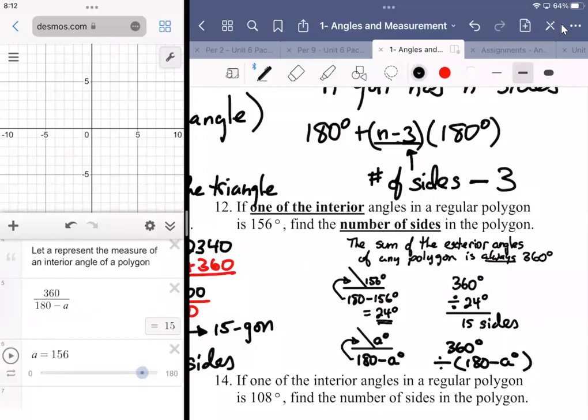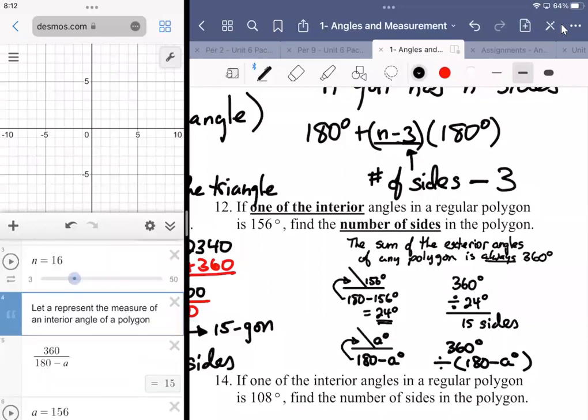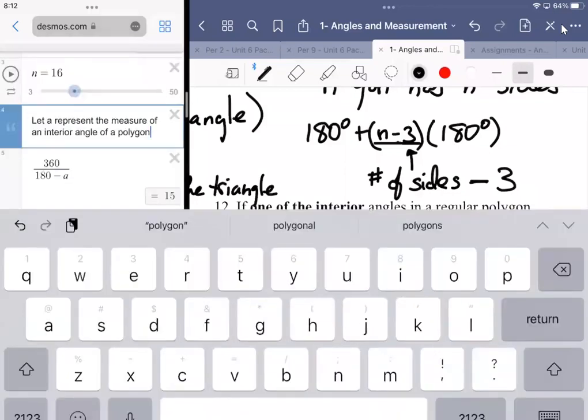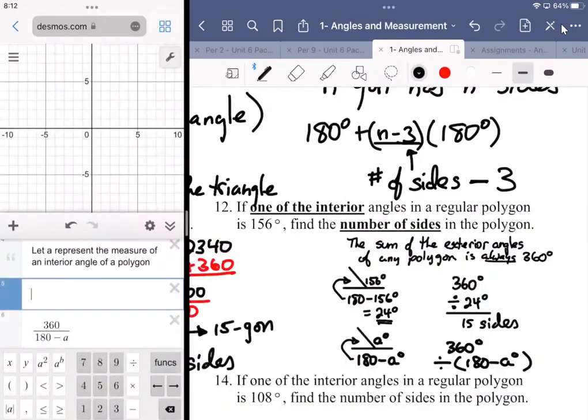All right. But I would want to make a note, because you have this expression here and you may go to use it later on. What does that expression tell you? Well, we know that A represents the measure of the interior angle of the polygon.